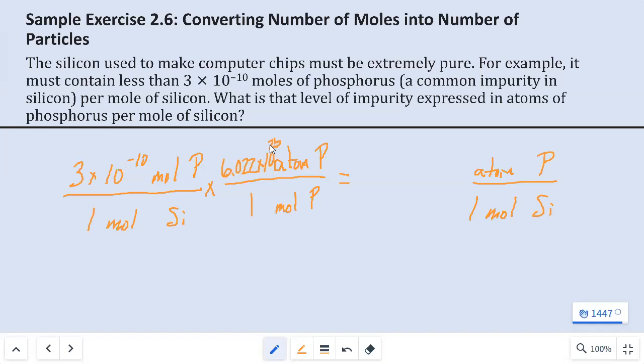So 3 times 10 to the negative 10th multiplied by Avogadro's number, to one significant figure, because we only started with the one here, would be 2 times 10 to the 14th atoms of phosphorus for every mole of silicon.